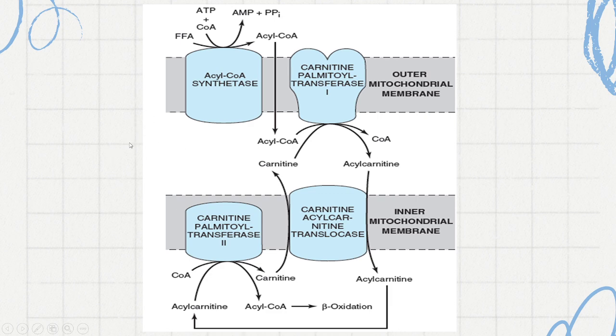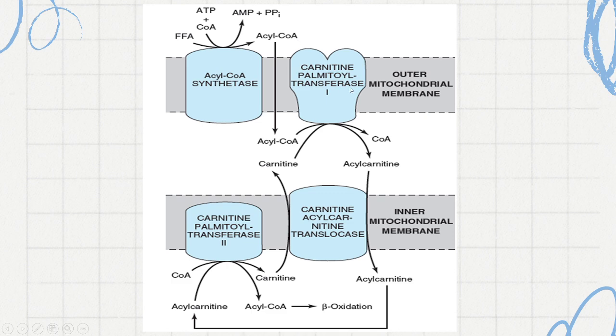This schematic representation here nicely demonstrates the steps of activation and crossing into the mitochondria. Here is our free fatty acid that is activated to acyl-CoA by acyl-CoA synthetase using ATP and CoA.